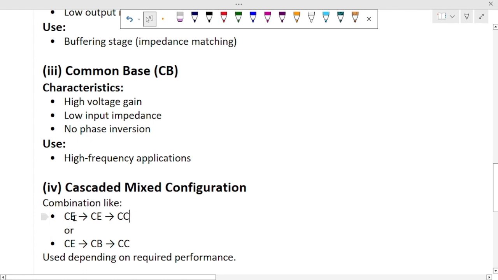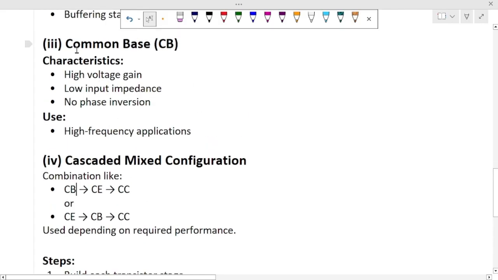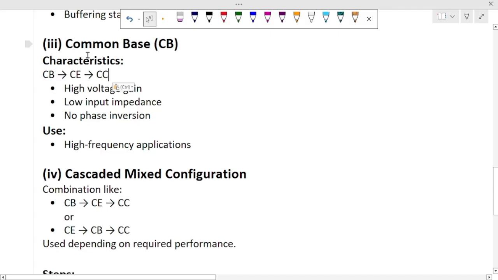So I can even say, let's start with a common base. So when you mix the configuration like this, that is the cascade mix configuration. But for this one, you have common base. Let me copy it. So for this one, you have something like this: common base everywhere.